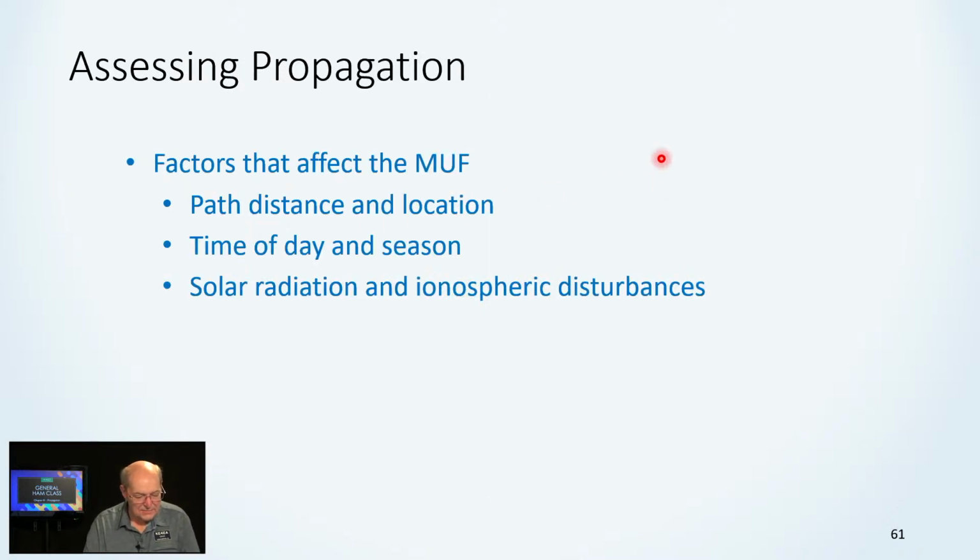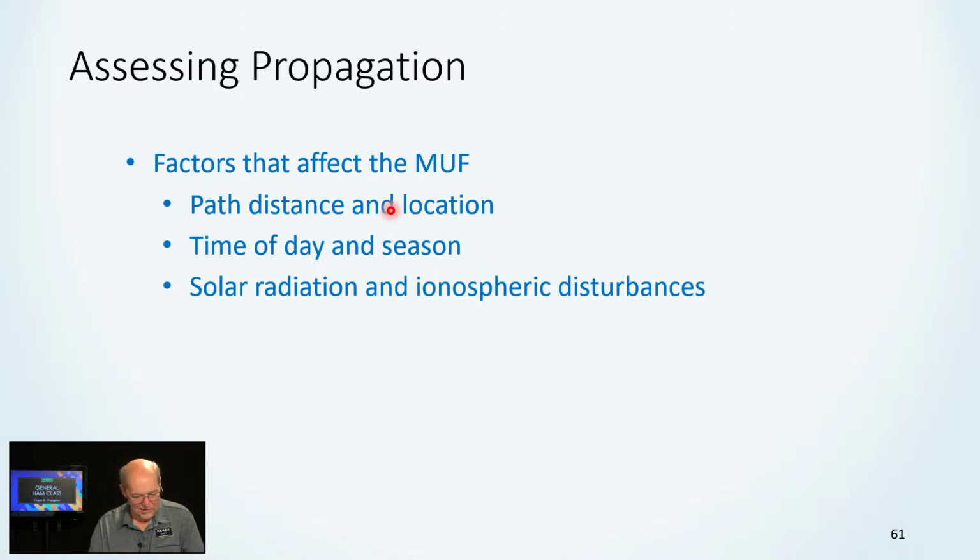So assessing propagation. Factors that affect the MUF: path, distance, and location. Remember we saw that on a map of the Earth, and signals bouncing around. The time of day and season, how much ionization is there in the atmosphere, solar radiation and ionospheric disturbances.